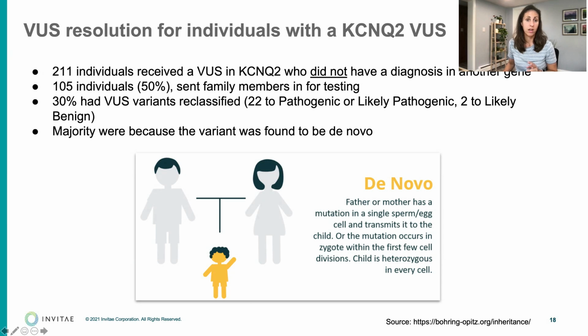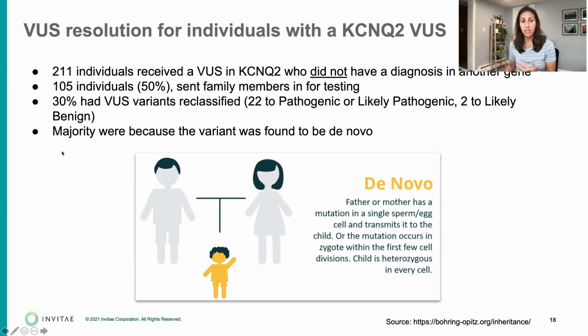individuals. 105 of them, so about half of them, sent family members in for further testing. And we found that when this happened, 30% of the VUSs were reclassified from having done the parental testing. So the vast majority of the variants went to pathogenic or likely pathogenic, and a couple of them went down to likely benign.